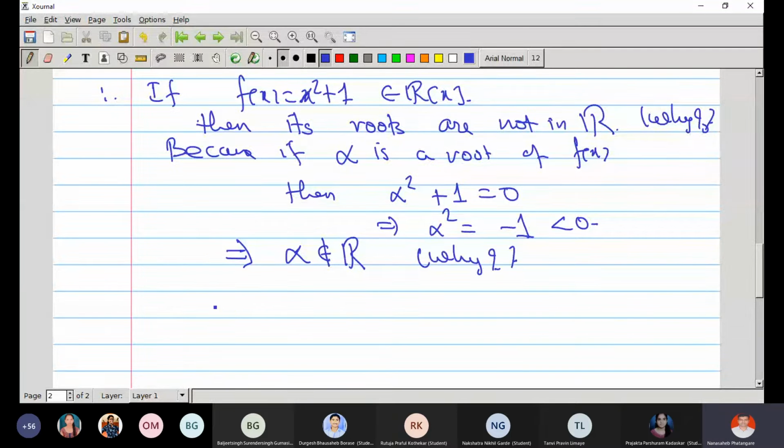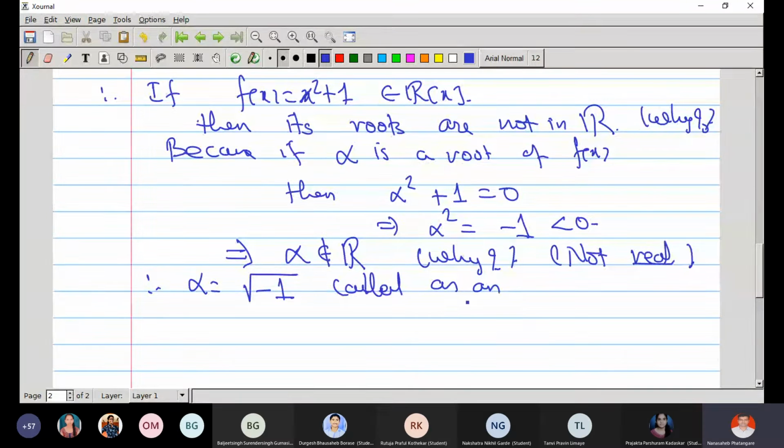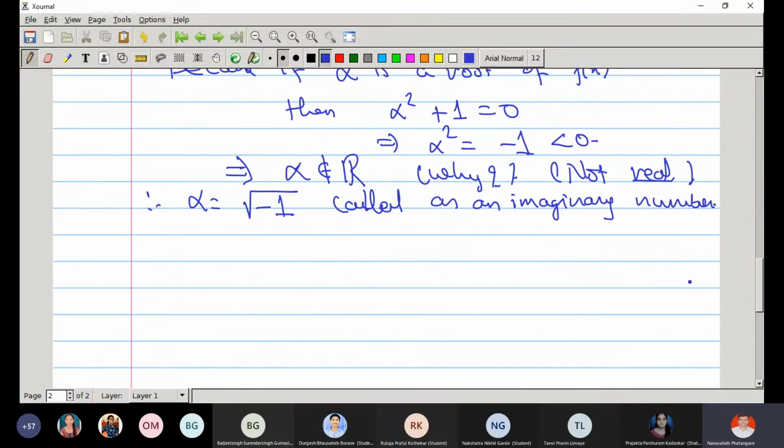So alpha, which is actually square root of minus 1, is called an imaginary number. It is not real, hence it is called an imaginary number. So alpha equal to square root of -1 is called an imaginary number.